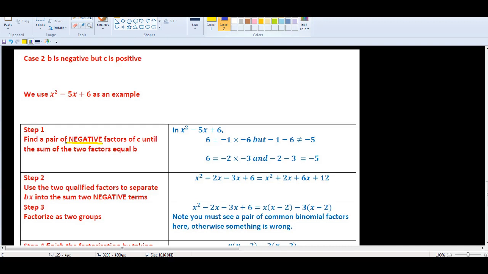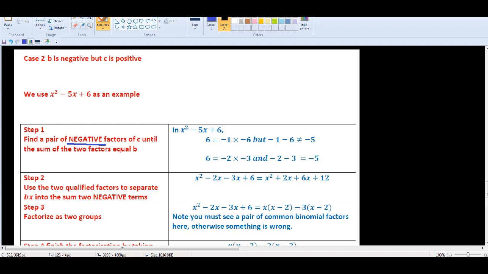First, you need to find a pair of negative numbers, which is very important. I can't change color, I'm sorry. I will show you why it must be negative. When you consider 6, you could consider 1 times 6, but this time you need to consider minus 1 times minus 6.